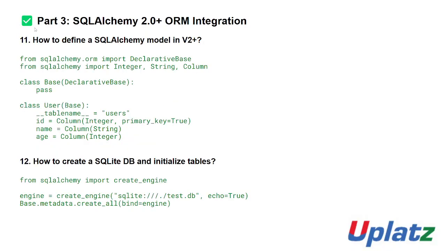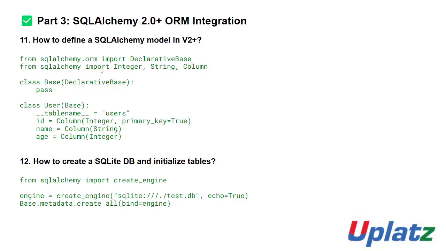Next, part 3, SQLAlchemy 2.0 plus ORM integration. 11. How to define a SQLAlchemy model in V2 plus. From sqlalchemy.orm import declarative_base.